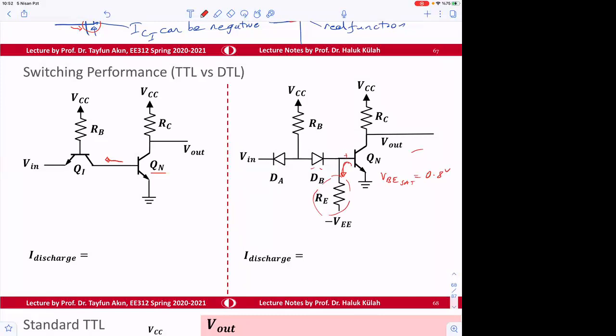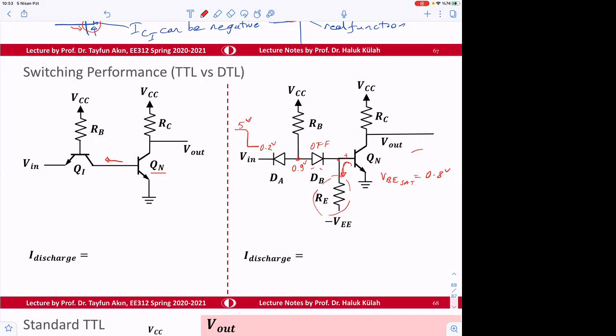So for the initial discharge, when the voltage at the input goes from high to low, let's say it goes to 2.5 volt. It used to be, let's say, 5 volt. When this happens, this point becomes 0.9 volt. Therefore, this becomes off. So that is the current that will be used to change this voltage.